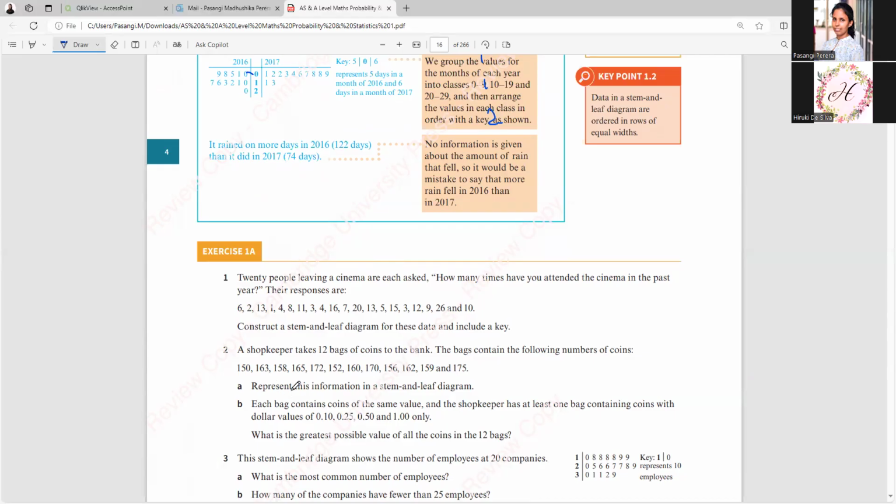Then each bag contains coins of the same value, and the shopkeeper has at least one bag containing coins with dollar values 0.10, 0.25, 0.50, and 1.00 only.